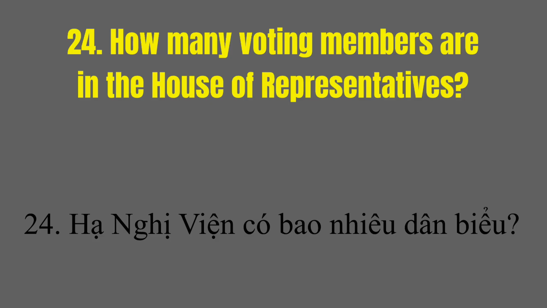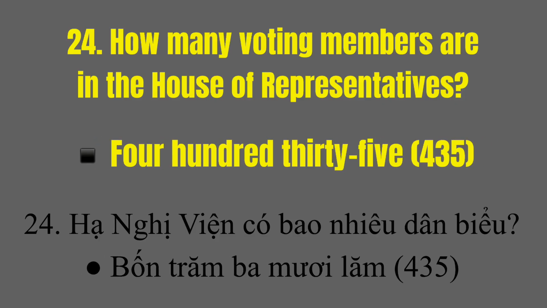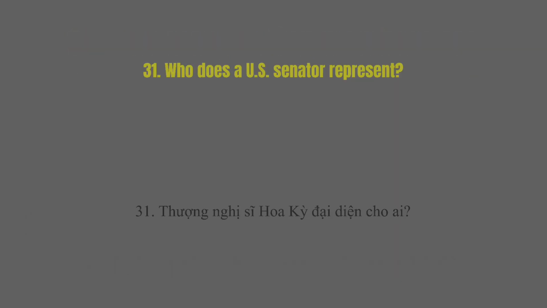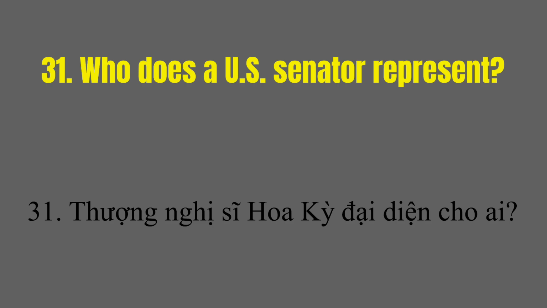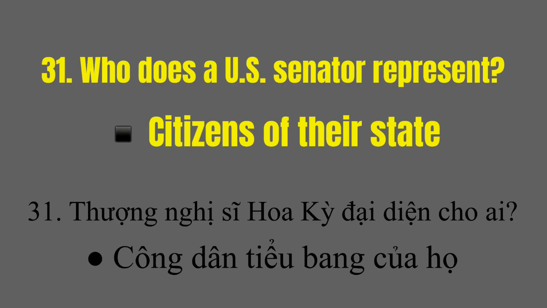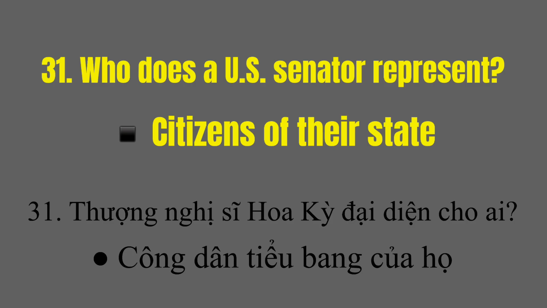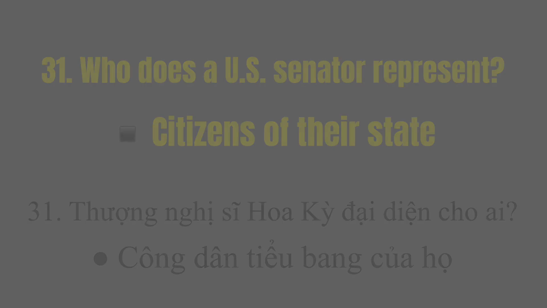How many voting members are in the House of Representatives? 435. Who does a U.S. Senator represent? Citizens of their state.